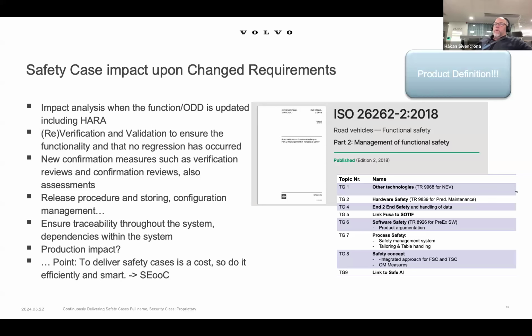Again, I spoke a little about safety case impact upon change requirement. You can imagine having many components, I don't know how many we should talk about, but it doesn't matter. We understand all the hours needed when you are updating your function: items, HARA, verification and validation procedures, maybe new requirements.